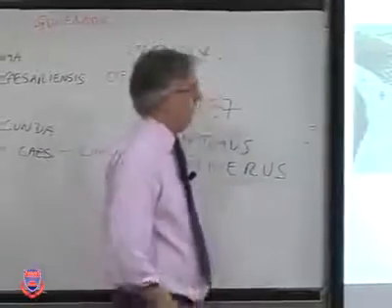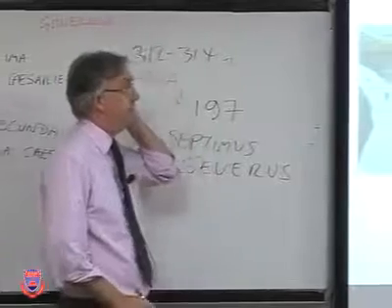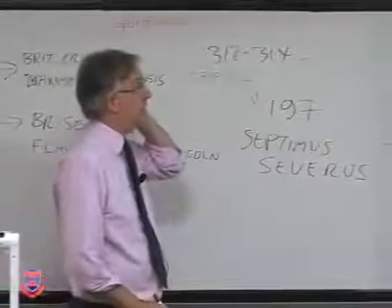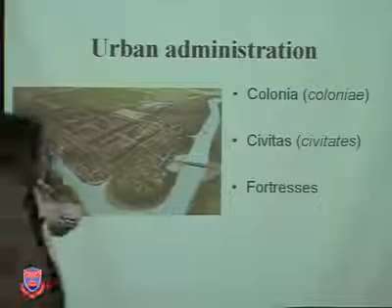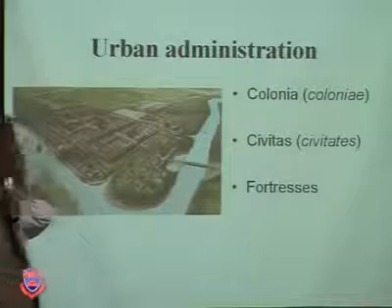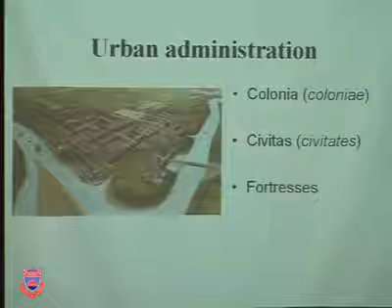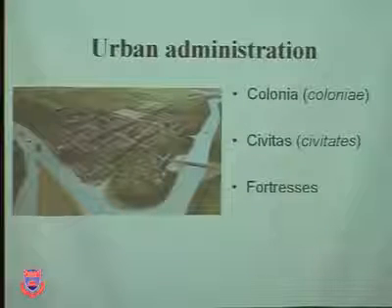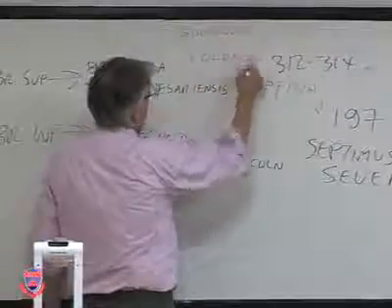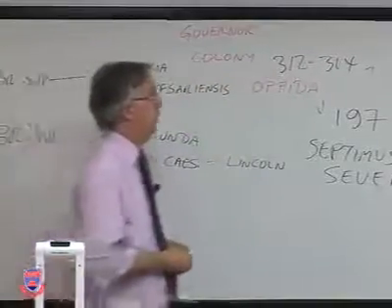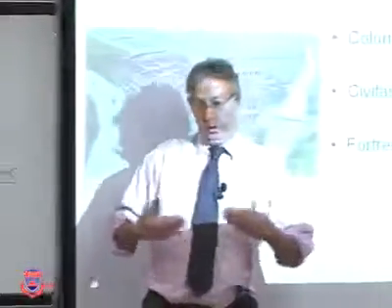So here, in a slightly simplified way, we can talk about three kinds of urban unit in the Roman world. The coloniae, the civitas capitals, and then, as I said a minute ago, the fortresses as well. A colonia, which is where we get the English word colony from, of course, is a created new settlement, and that's what the English word means still today.